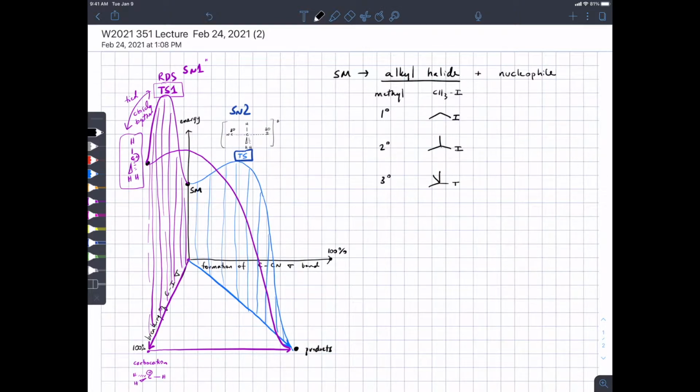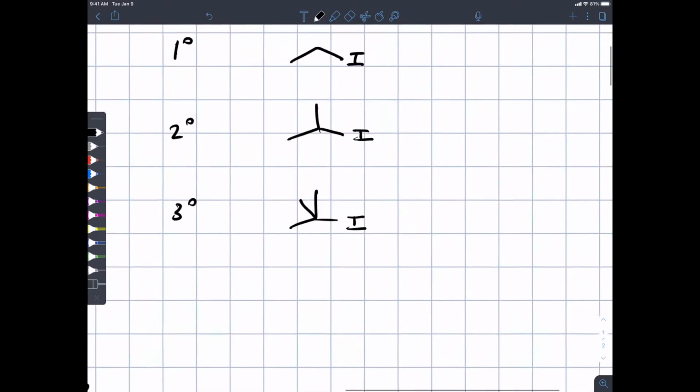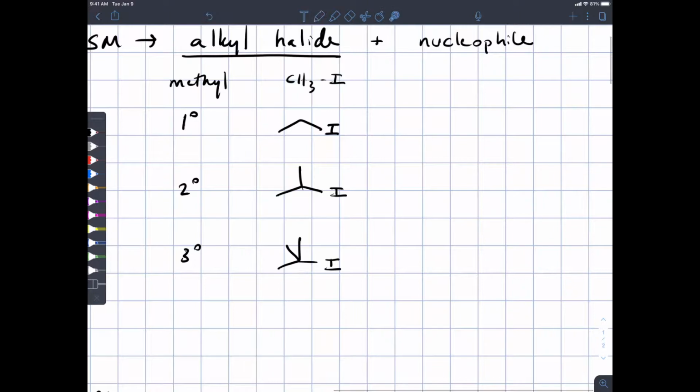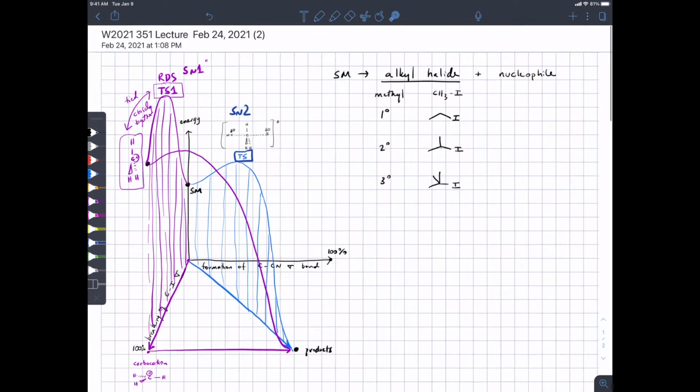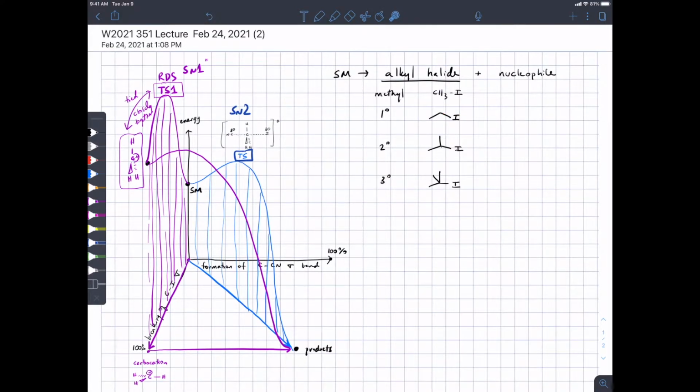Of course, I don't mean to communicate that these are the only primary, secondary, and tertiary alkyl halides there are. There's lots of structural variation possible. They don't all have to be methyl groups. But that's the idea. In a primary alkyl halide, the halide is attached to a primary carbon, and so on.